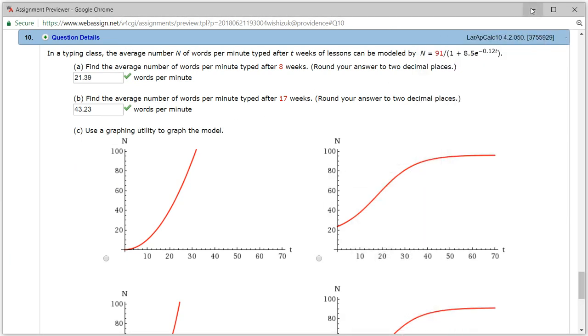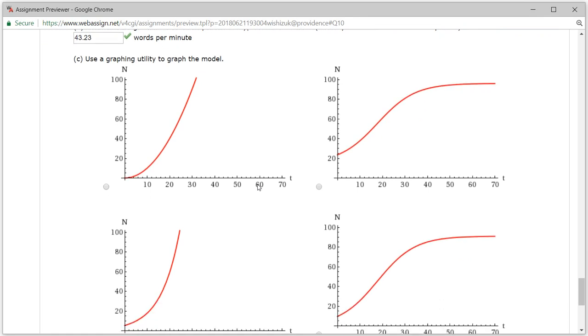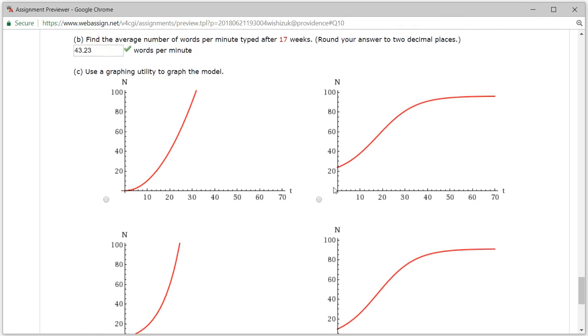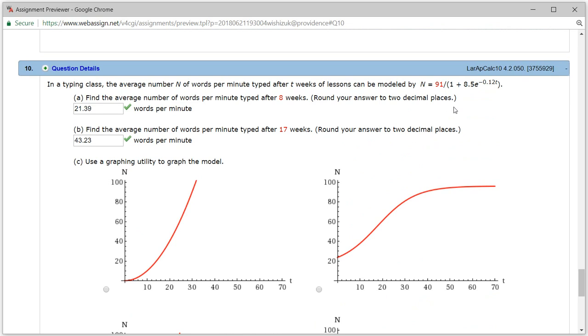Then we have to look at the picture. Let's try to find the correct picture. Look at the starting point. When t equals 0, you have 1 plus 8.5, and e to the 0 is 1. So it's going to be 91 divided by 9.5, which is slightly less than 10.